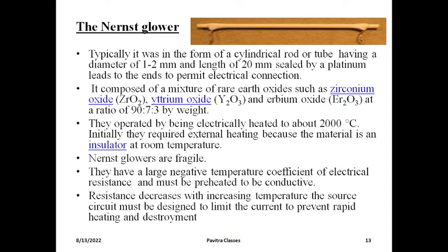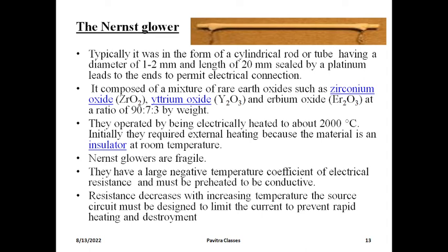Also, Nernst glowers are fragile, and they have a large negative temperature coefficient of electrical resistance. So preheating is necessary, and it takes too long. Only after reaching that temperature can you use it for sample analysis. So it is not used because of this reason.